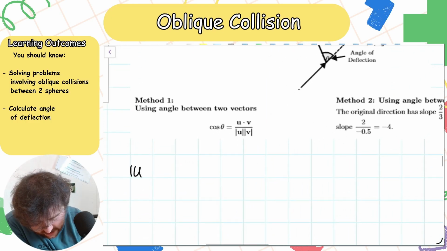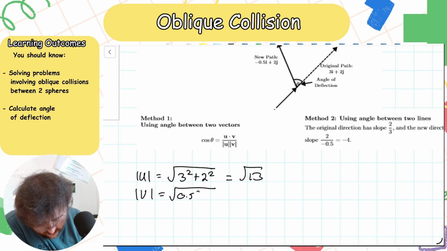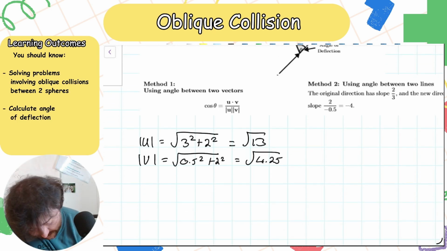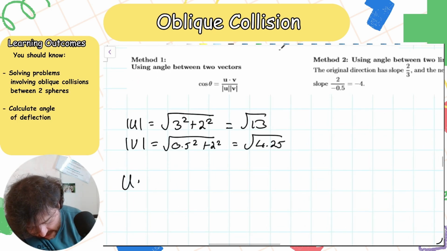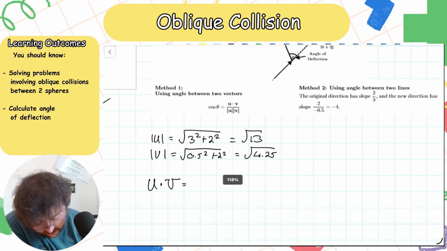So first let me calculate the speeds. The speed of u is equal to the square root of 3 squared plus 2 squared, which is equal to root 13. And the speed of v, which is equal to 0.5 squared plus 2 squared, which is root 4.25. Then the dot product, if you remember your dot product, it's just the i components multiplied together plus the j components multiplied together.